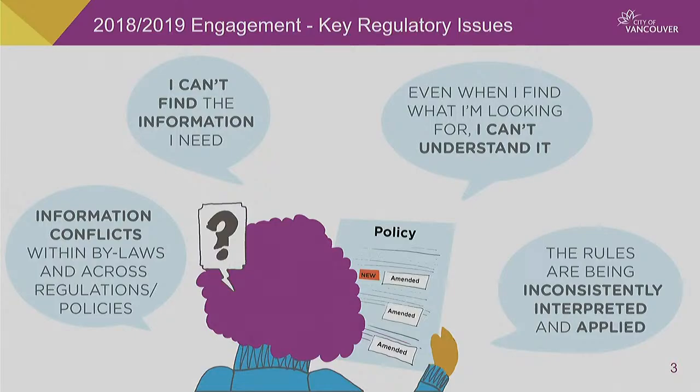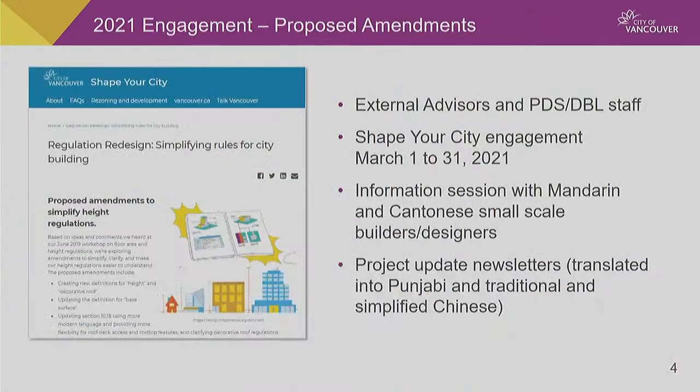And in terms of engagement on the proposed height amendments specifically, we worked with Planning and Development Services staff and with our external advisory group of technical experts. We also hosted engagement on Shape Your City in March and had 521 people viewing the information and received 26 comment form submissions.